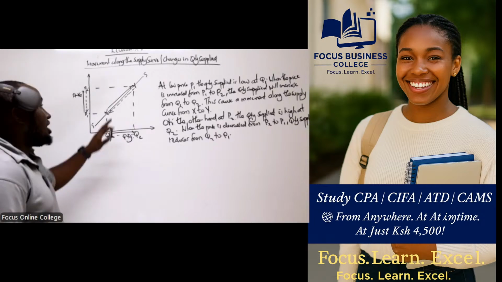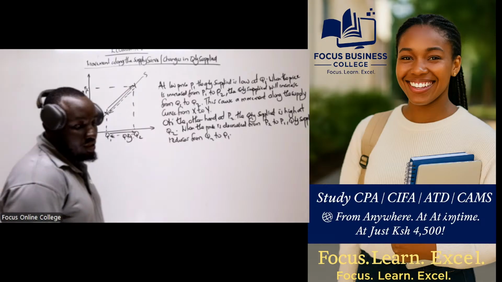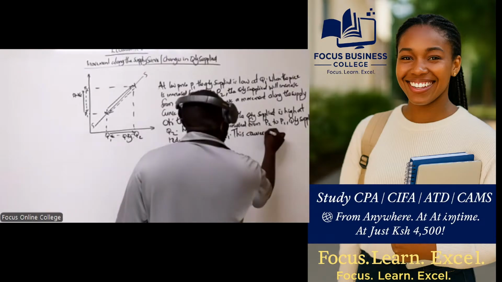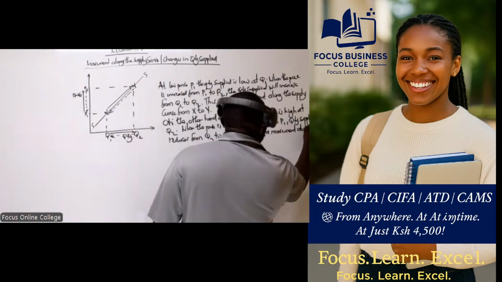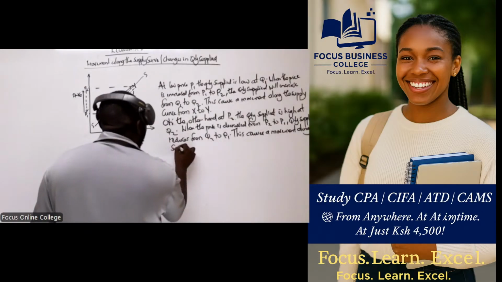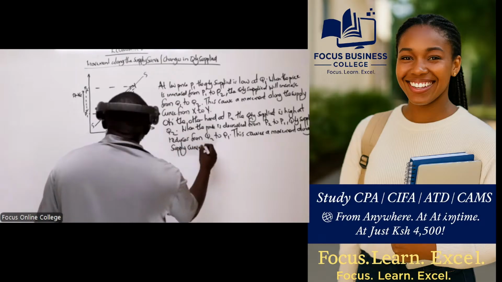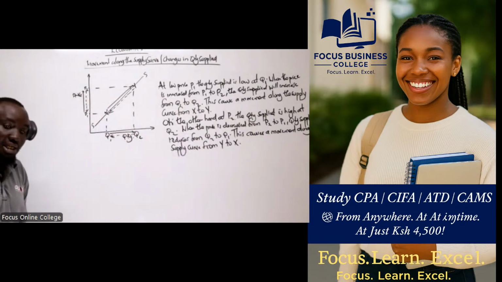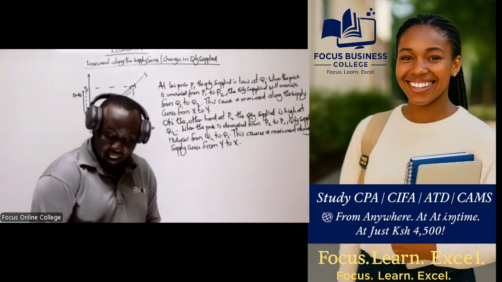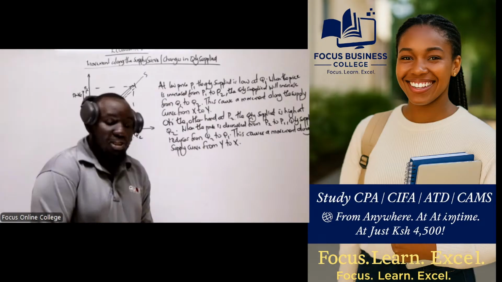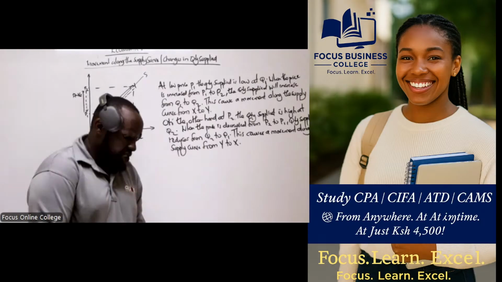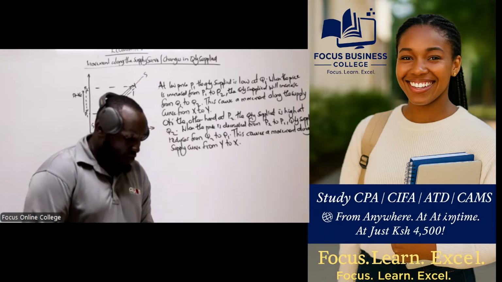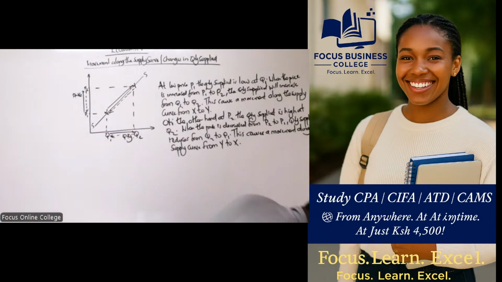We know that for sure, there's a movement along the supply curve now from Y to X. So this causes a movement along the supply curve from Y to X. Are we able to see that?